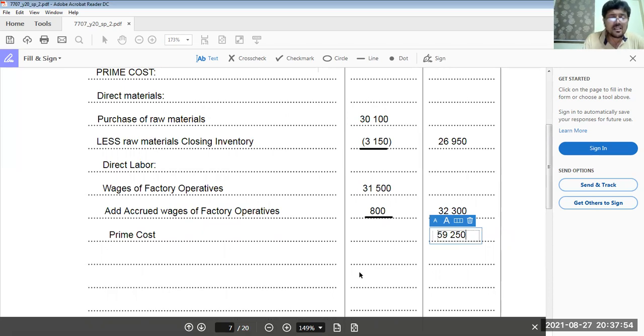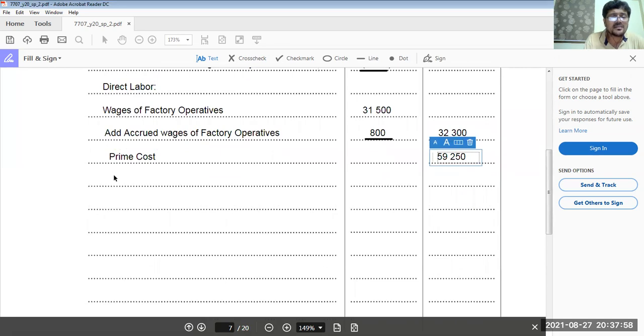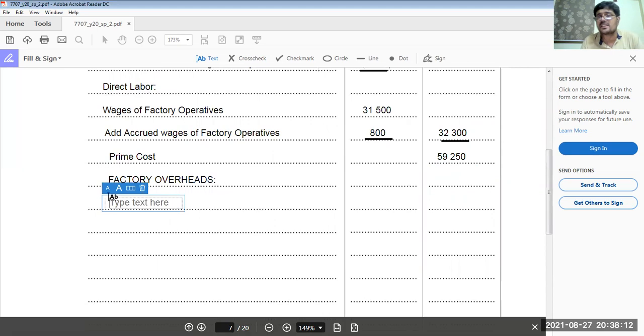Okay. Now the heading: factory overheads. In factory overheads, we will write all the expenses of the factory, no other expenses. Now come to factory expenses.